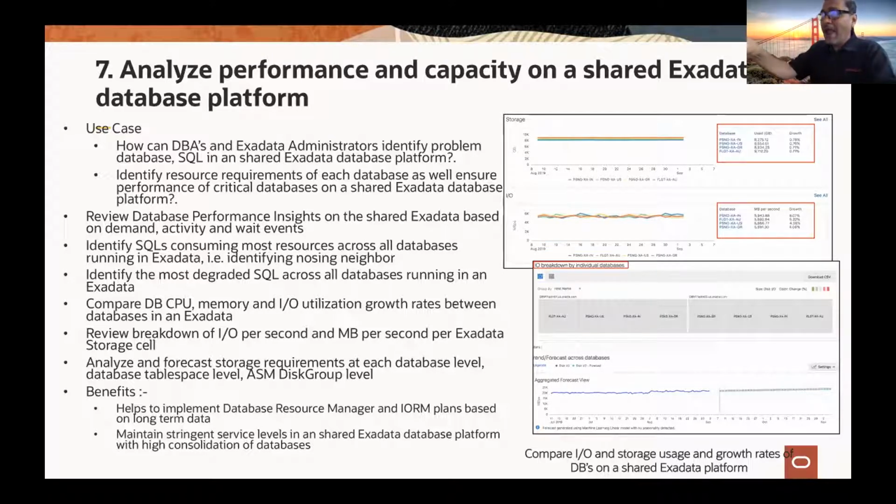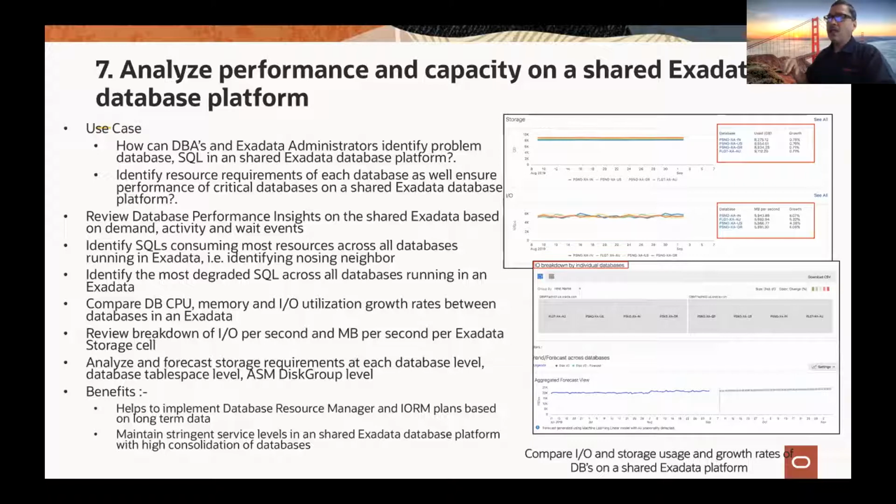So my tip is, looking at this application, you should be able to identify the long-term trends of your databases running on a single Exadata, compare the DB CPU utilization, memory utilization, and IO growth rates, including the breakdown of IO per second and MB per second, as well as the storage requirements.